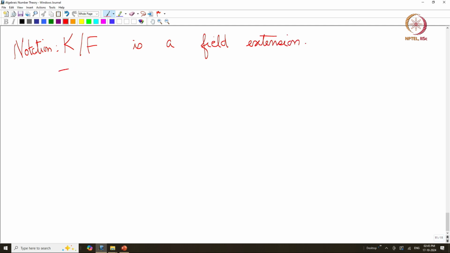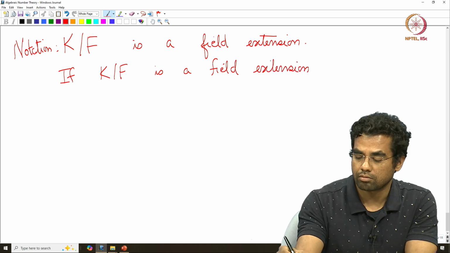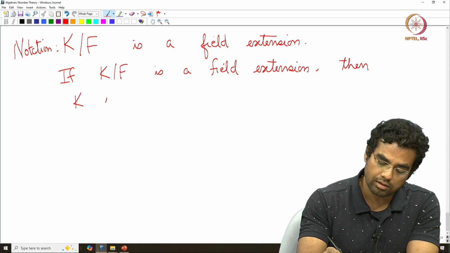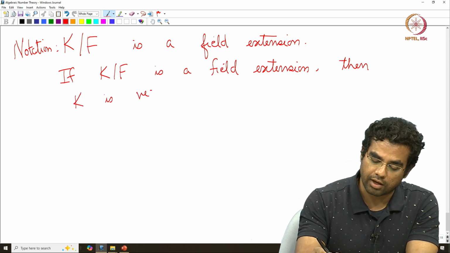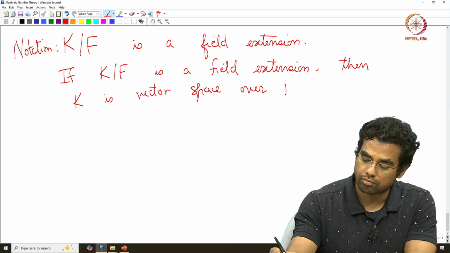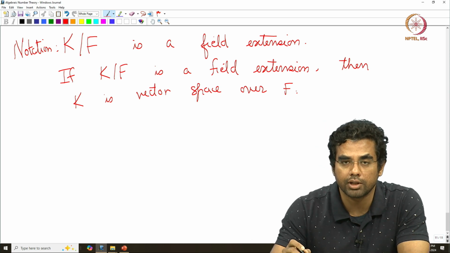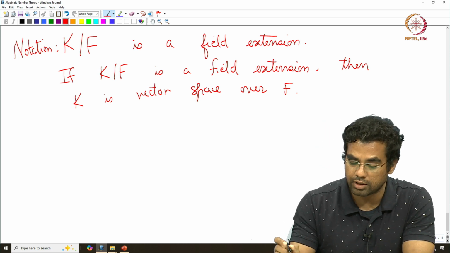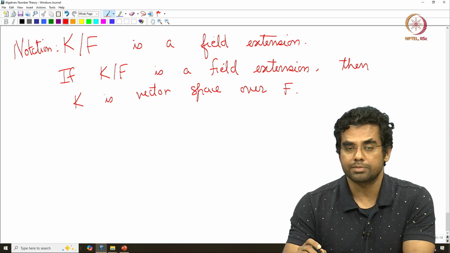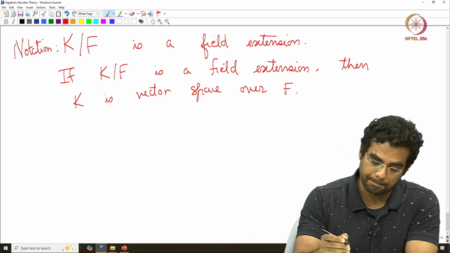Okay. So, if K over F is a field extension, then K is a vector space over F. So, I will also assume some familiarity with linear algebra because we will need this. So, any field containing another field, the bigger field is a vector space over the smaller field. Okay.